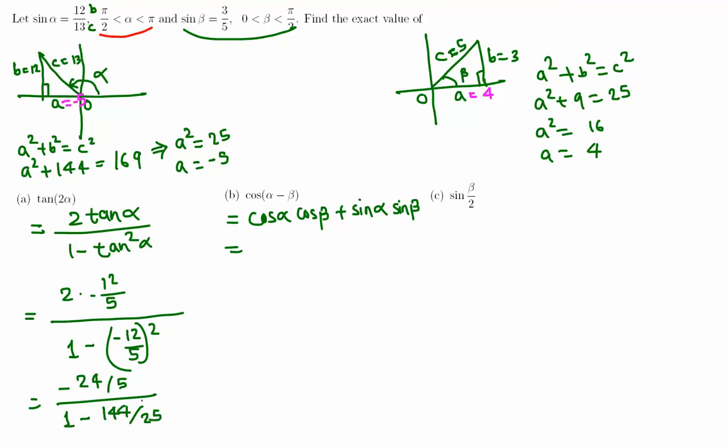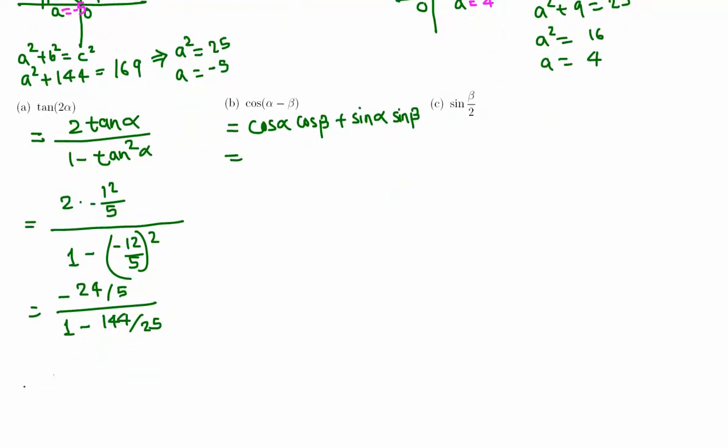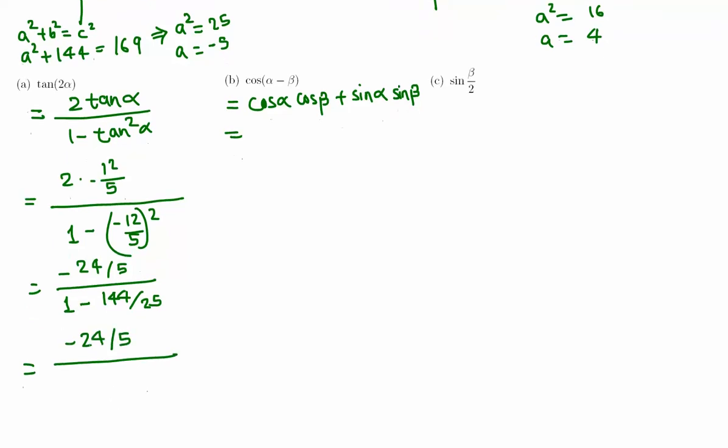Now we need to simplify this complex fraction. So we have negative 24 over 5 on the top, all over 1 minus 144 over 25. So we need to make a common denominator, because 1 we can multiply by 25 over 25, so that 25 is the common denominator. 25 minus 144.